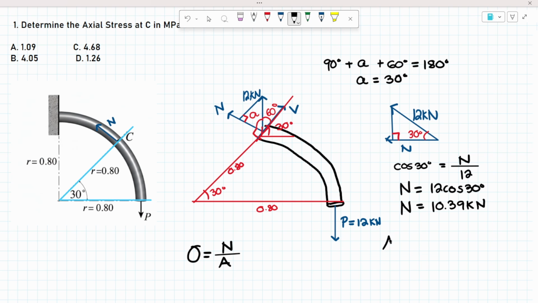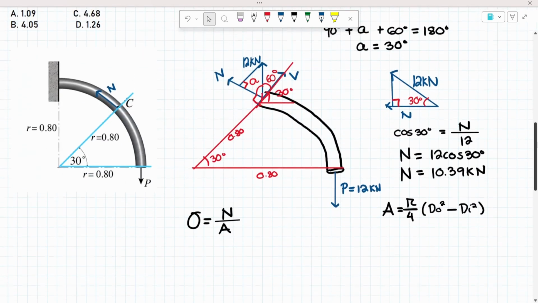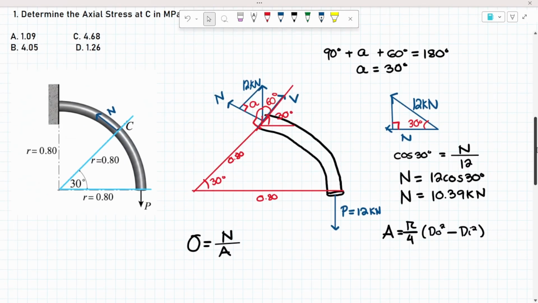But first, what is our A? Our A, that is simply pi over 4. This is a hollow circular section. So d outer squared minus d inner squared. That is why earlier we have solved for yung d inner, the 94 mm. Okay, so let us solve for your axial stress. That is sigma. Okay, 10.39. We multiply this by 1,000 para magiging newtons.